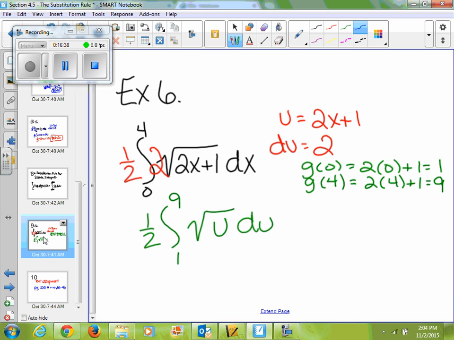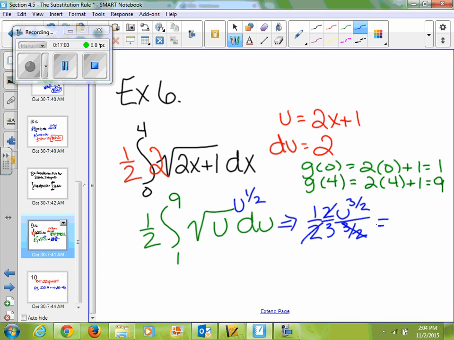Okay, so let's integrate the square root of u. This is like u to the 1/2. And so if I integrate that, what am I going to get? U to the 3/2 divided by 3/2. And dividing by 3/2, remember, is the same thing as multiplying by 2/3.